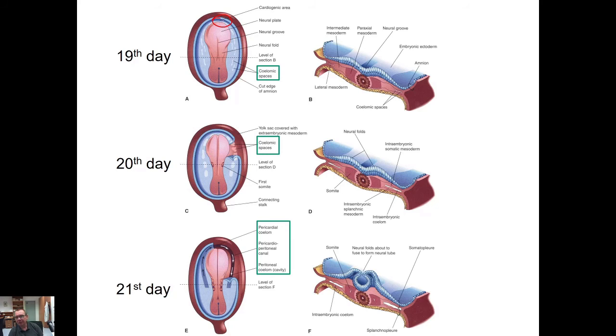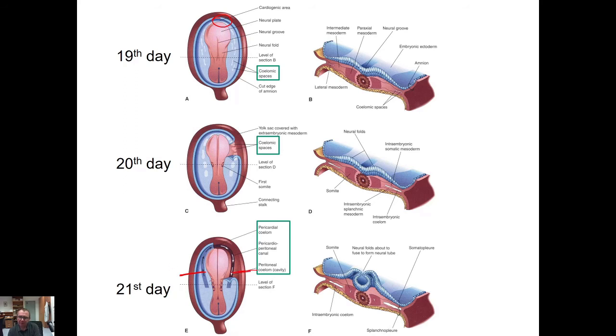But in this cranial area there isn't a junction of the intraembryonic and extraembryonic coelom, because there is one additional layer. I will show it in a moment. So the intraembryonic and extraembryonic coelom are fusing only laterally in both sides.